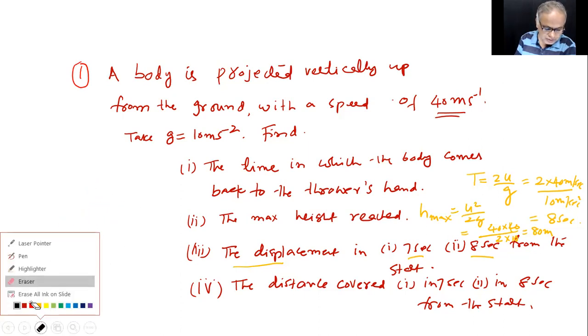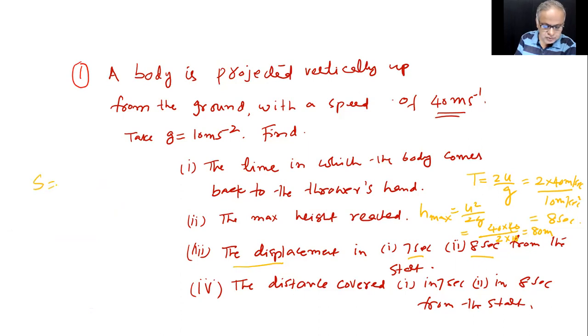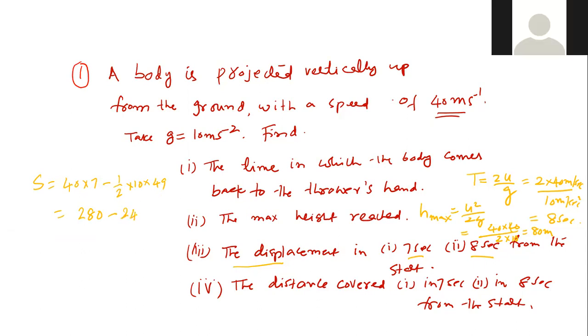So displacement in 7 seconds will be 40 into 7 minus, since only 40 was up positive, half into 10 into 7 square. This is 280 minus 245, so 35.